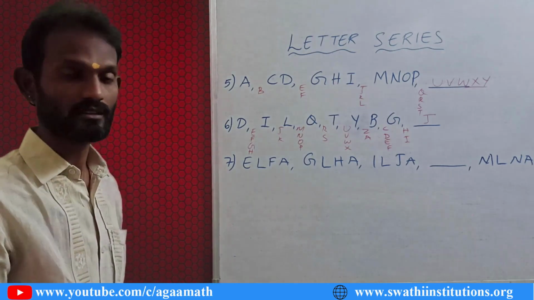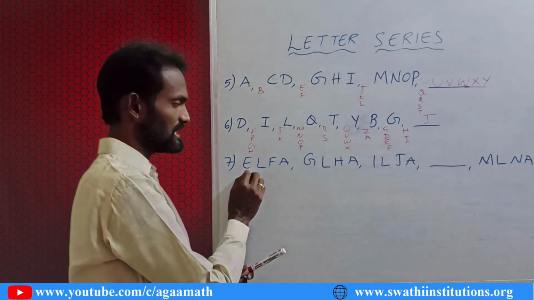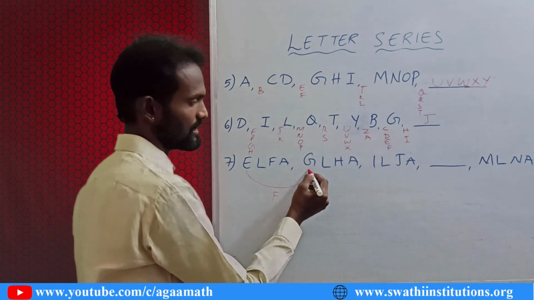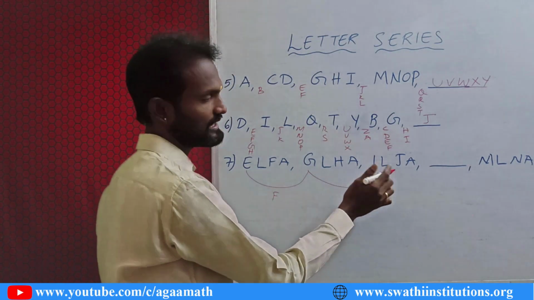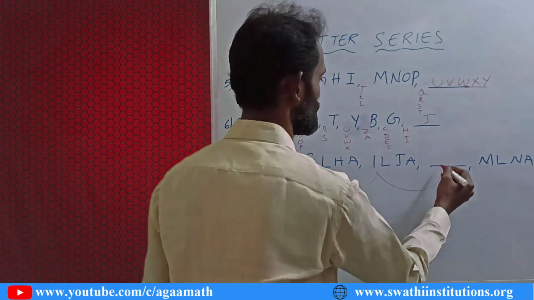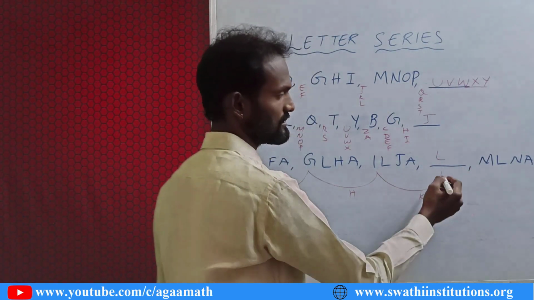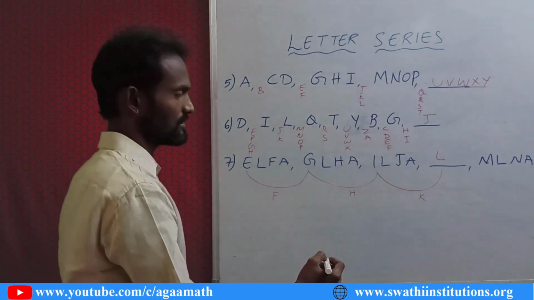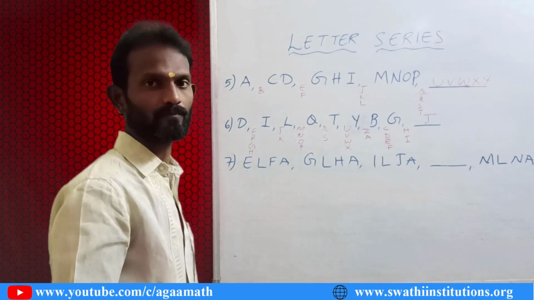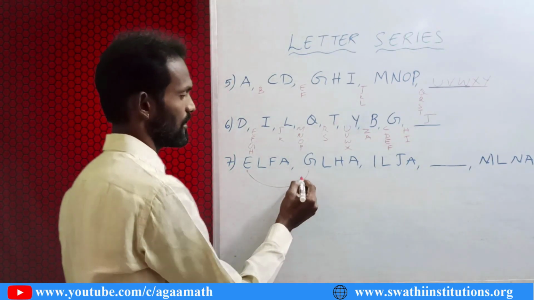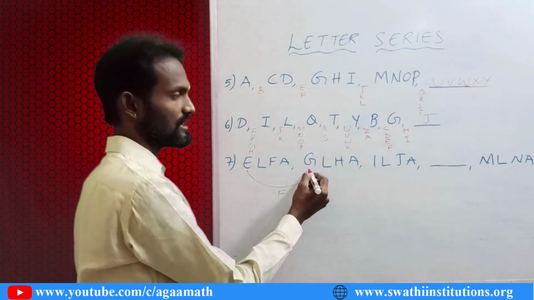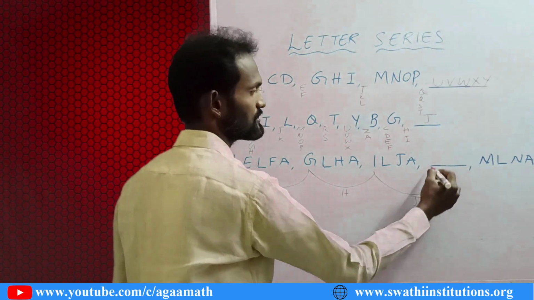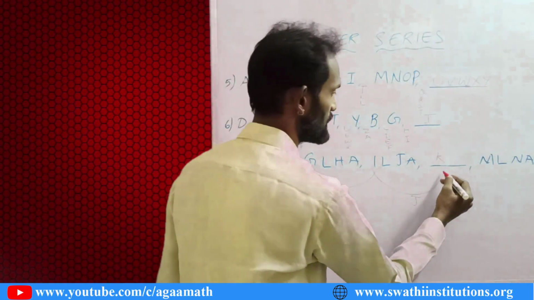Now if you see here, I see the first letter E, F is left. So skipping like this, E, F is left, G, H is left, I, J is left, so this is K. Right? So if you look at this, after E, F is skipped, G, H is skipped, I, J is skipped, so it is K, and check whether it continues in the same manner or not.